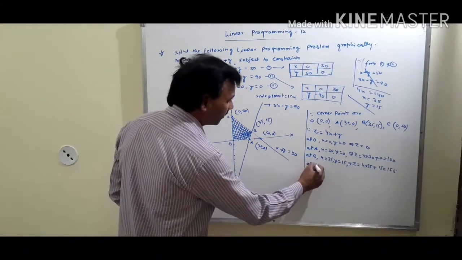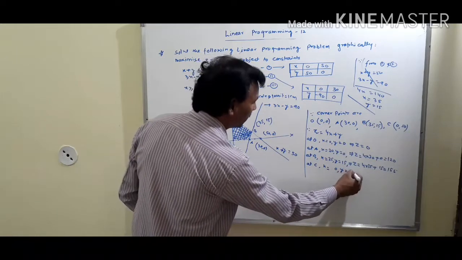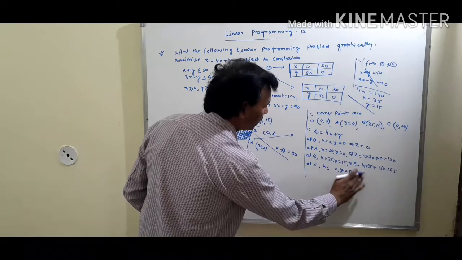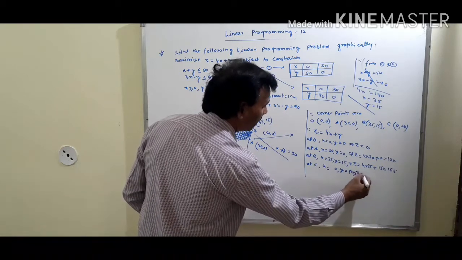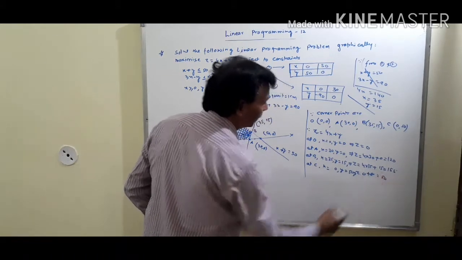At C, x equal to 0 and y equal to 50, so z will be 0 plus 50 equal to 50.